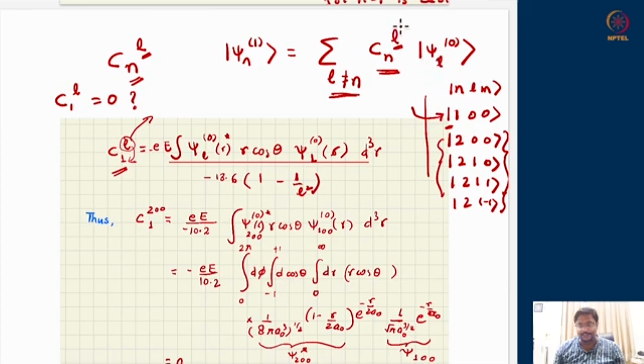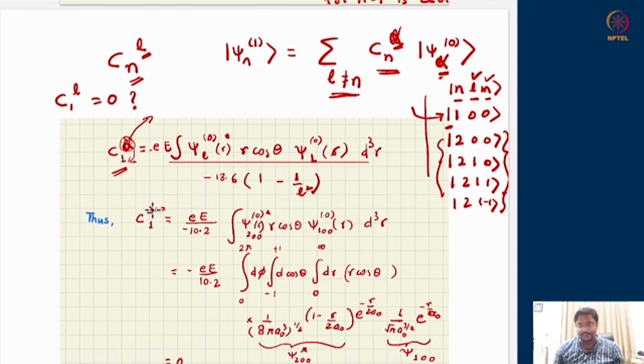So let us call it some alpha. Now this alpha is the label of all other states. All other states are labeled by 3 numbers, N, L, and M. Alpha is a collective name for N, L, and M. Therefore, I cannot take alpha as 100, because that is the ground state, which we are trying to find the perturbations for.